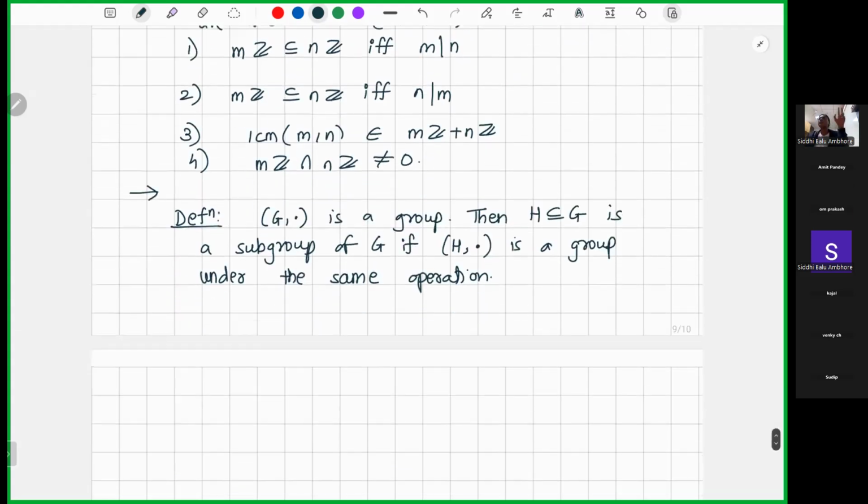This same operation is really important. Only then can we say that this is a group.